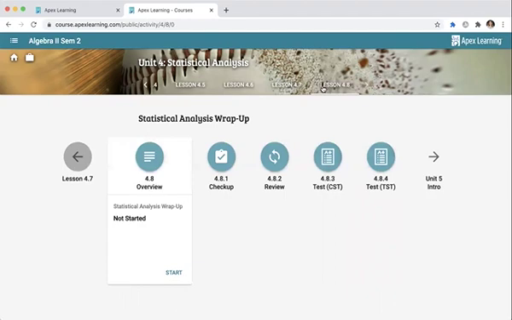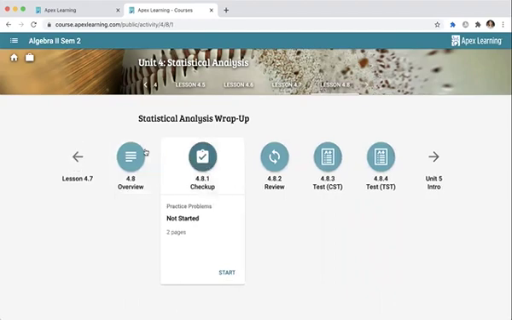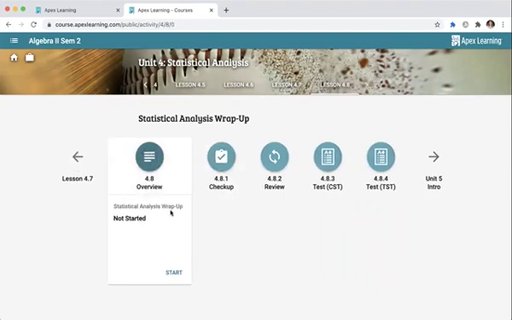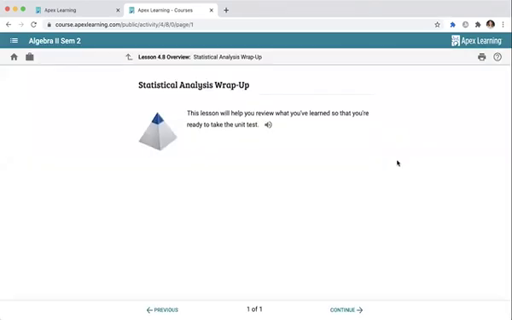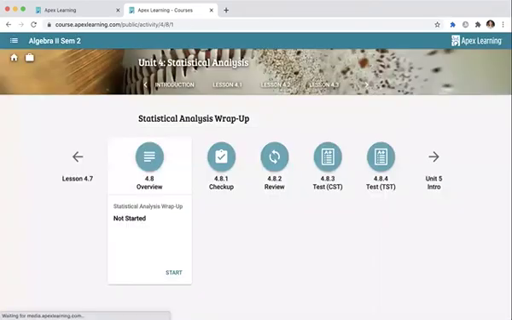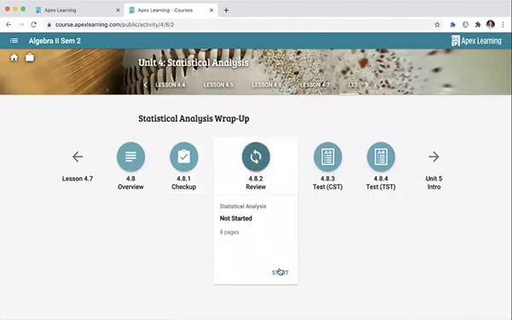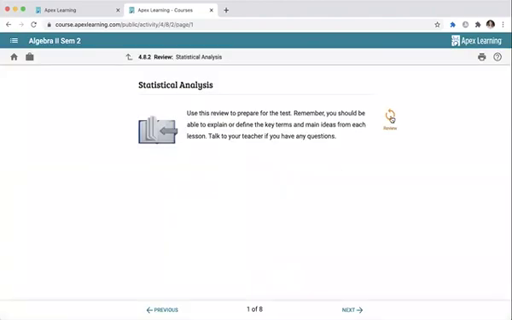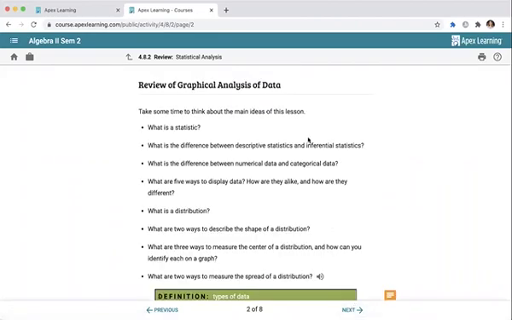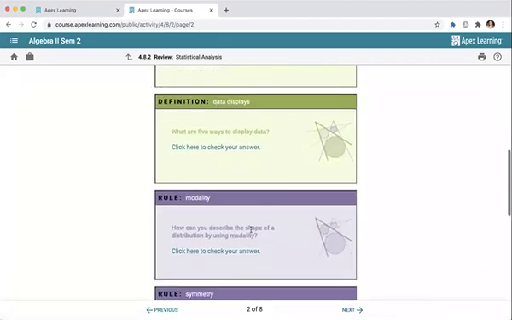Which brings us to 4.8 here. In 4.8, we've talked about a lot of things, all right. If we look at the review here, you should be able to answer some of these questions.